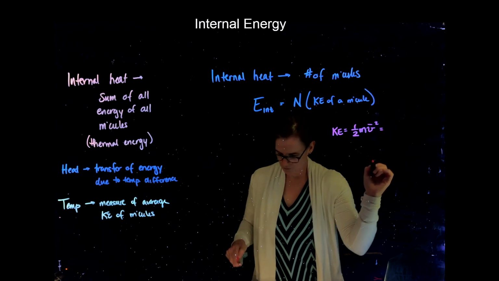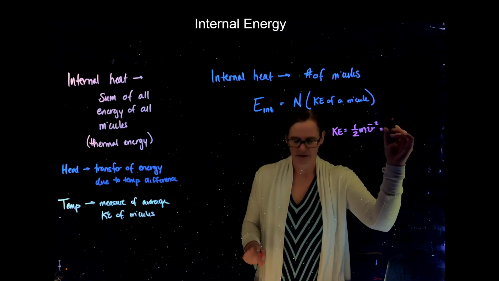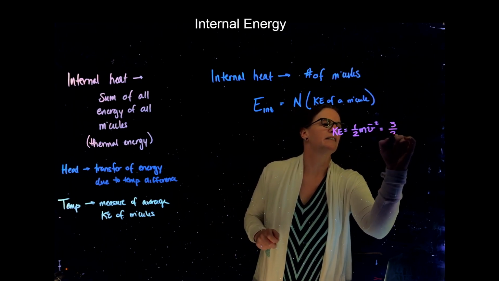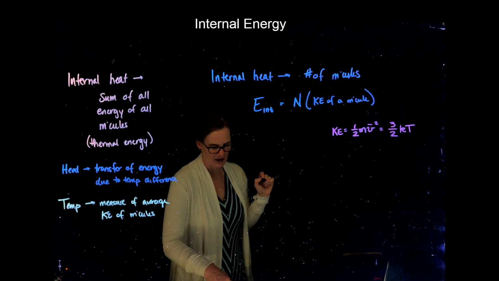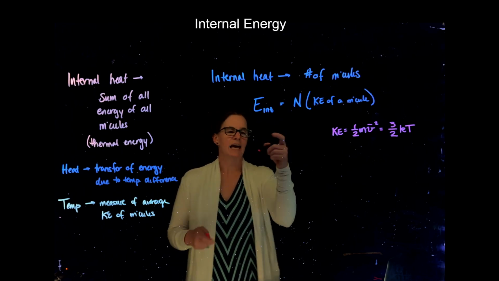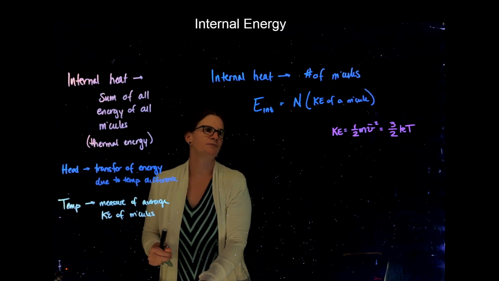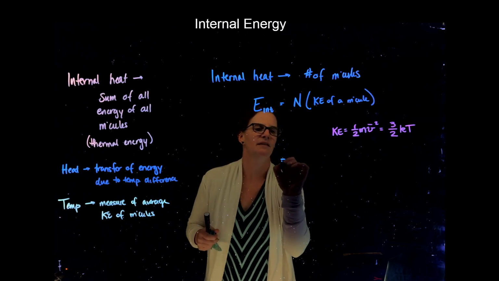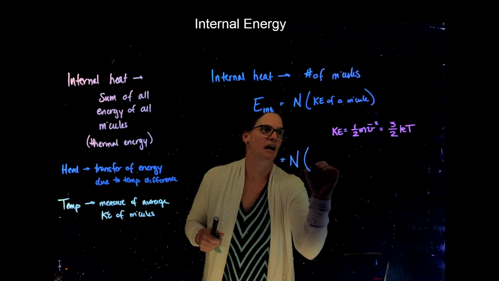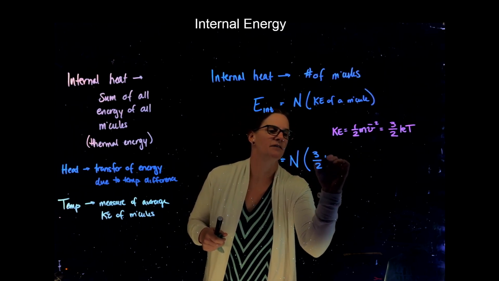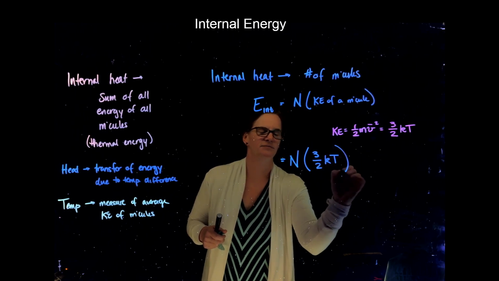And that was 3/2 kT. So that's in that kinetic theory lecture, so go ahead and check that out, which means that our internal energy is equal to N times 3/2 kT.